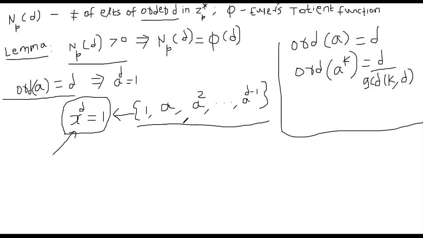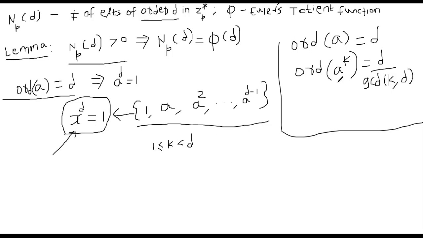Let's call that element a power k, where k lies between 1 and d. Now, I'm avoiding k being 0 because we have already proved the fact that when d is 1, the theorem is true. So there is no reason to consider k to be 0. Now consider only the k values from 1 through d, excluding d. Order of a power k is nothing but d by gcd of k comma d.